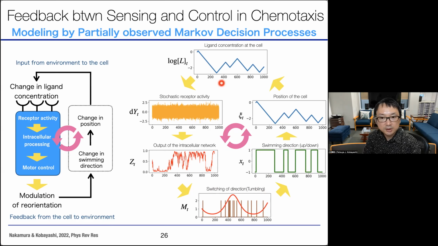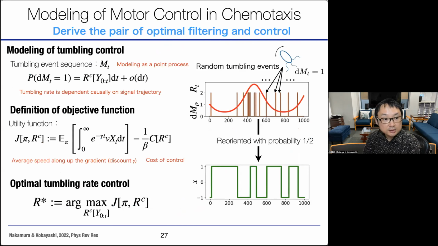So in order to treat this kind of fact, we have to use the theory of partially observable Markov decision process. Specifically, we have to additionally model this process of the modulation of swimming direction. So here we use a Poisson point process to represent the tumbling event sequence.